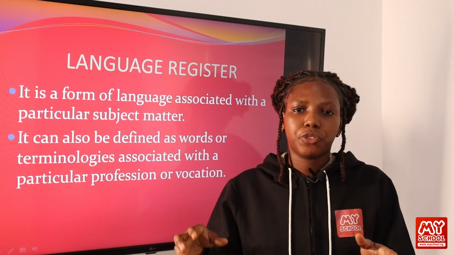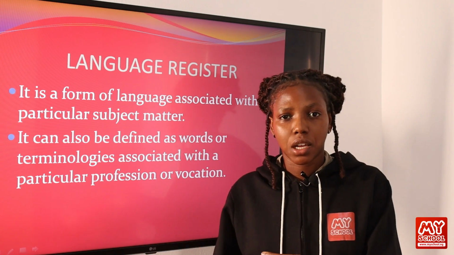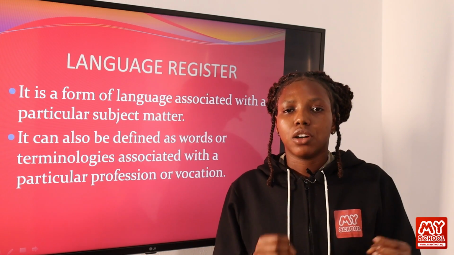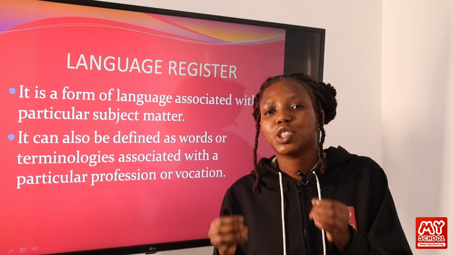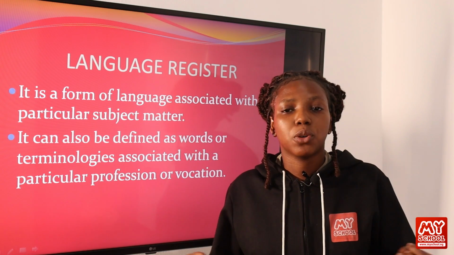Now, this different context or situation is generally referred to as subject matter. So when you think of subject matter, you think of topic or you think of field. Now, different subject matters have different or special words associated with them, and that is what language register is all about.